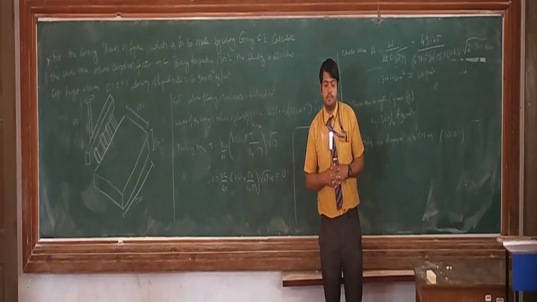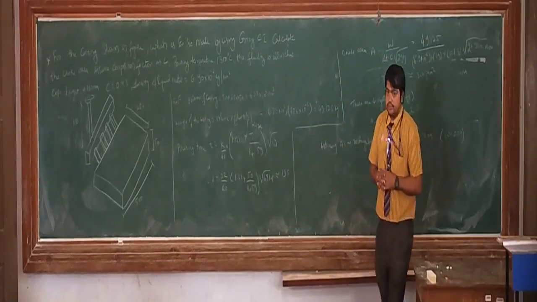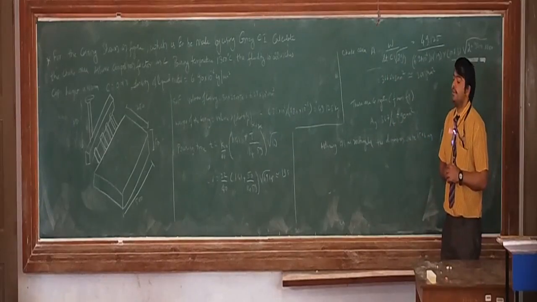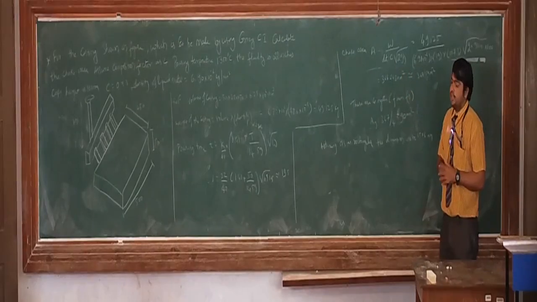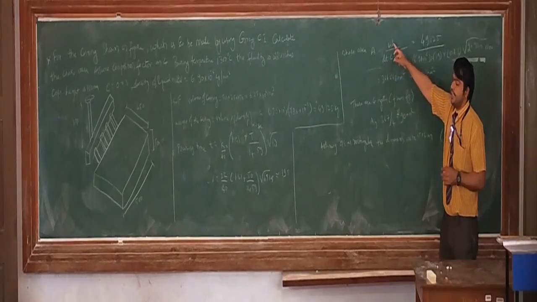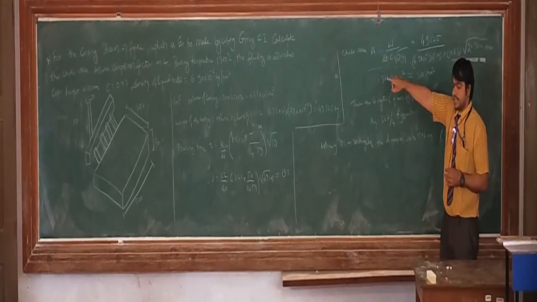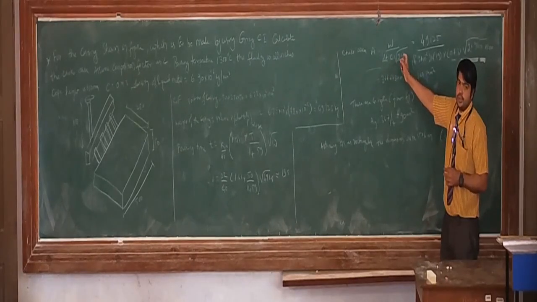Once we get the pouring time, we substitute these values in the choke area formula. Choke area A is equal to W divided by dTc into square root of 2gh. D is the molten metal density, W is the weight of the casting, T is the time required for pouring the molten metal, C is the efficiency factor given in the question, and square root of 2g into h, the effective height.